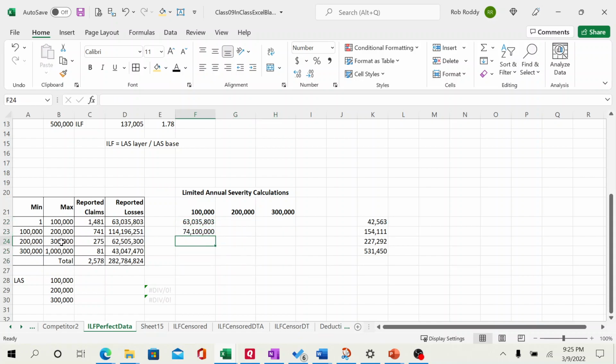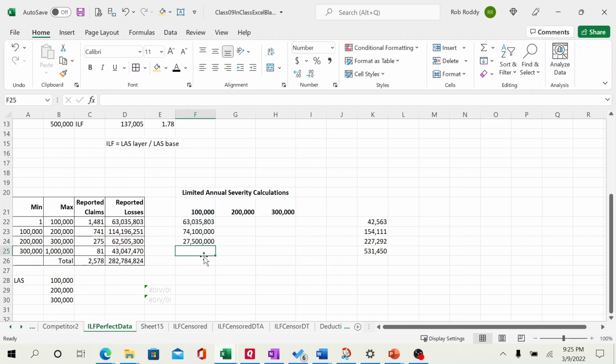What losses fall into the $200,000 to $300,000 layer? 100,000 times the number of claims, not number of losses.